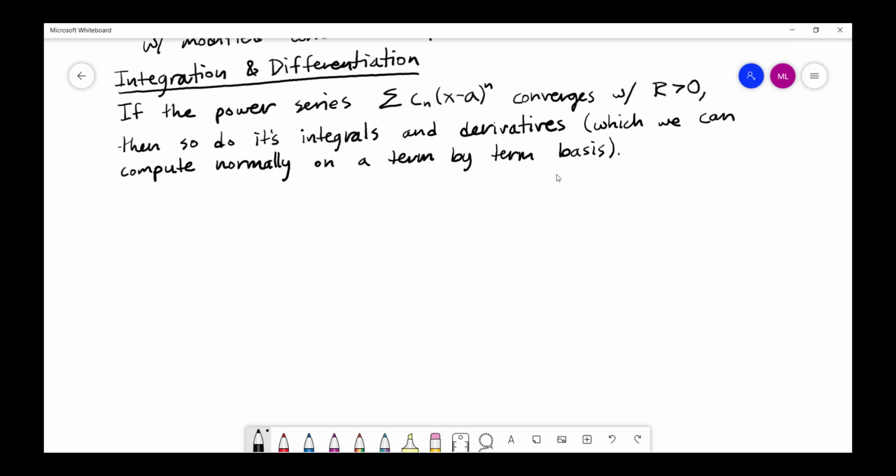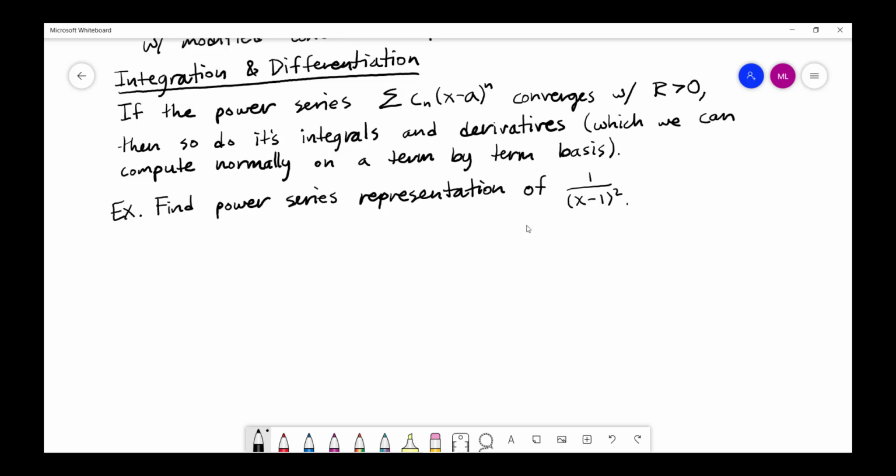Okay, so in this case, let's find a series representation, a power series representation for one of the following. Find the power series representation of, let's say, 1 over x minus 1 quantity squared.